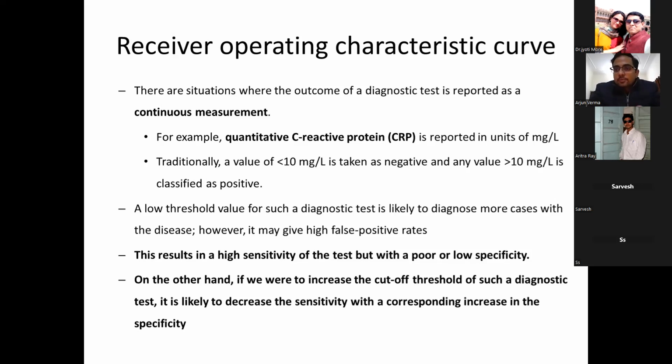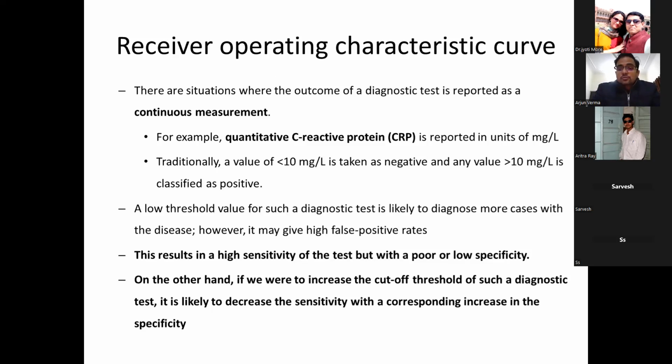Now CRP cannot be just positive and negative if we are doing a quantitative CRP. Quantitative CRP can be anything between 1 to 100, or it can be 200. Any number can come. So when you want to assess a diagnostic test which has a continuous measurement, then ROC curves are used.